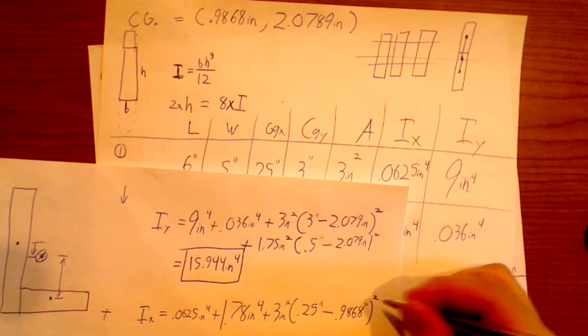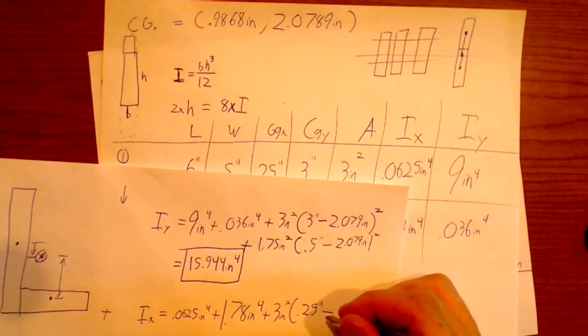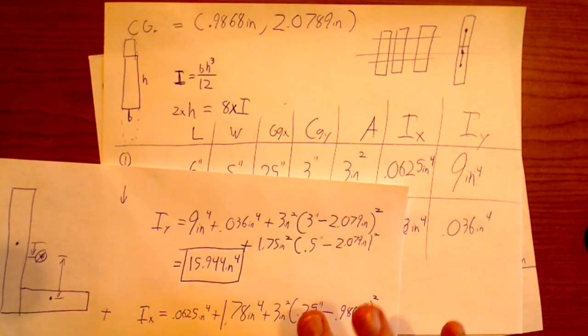Note that it's convenient that since it's the difference between these two here, and since you're squaring it, it doesn't matter the order, if it's positive or negative. You're just looking at the absolute difference and then squaring it.